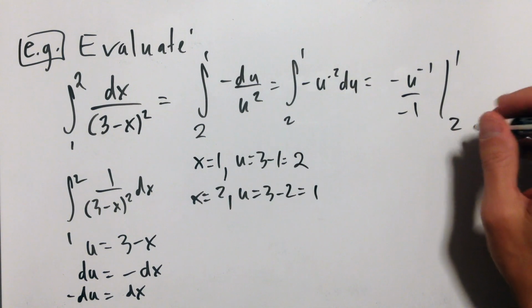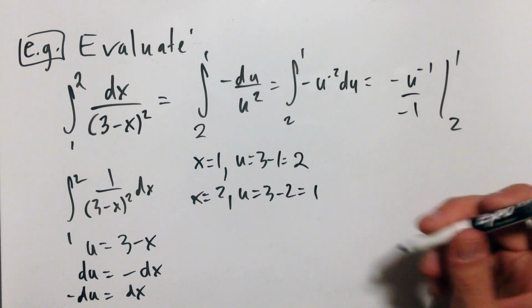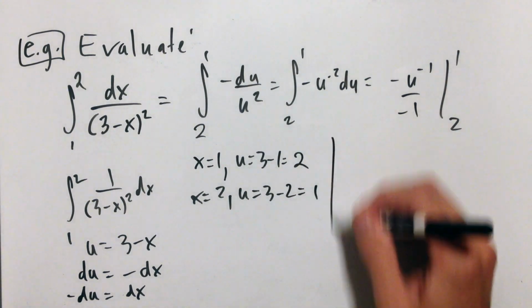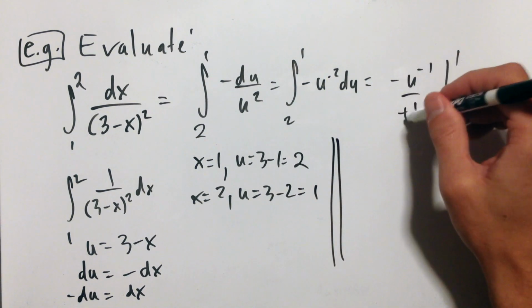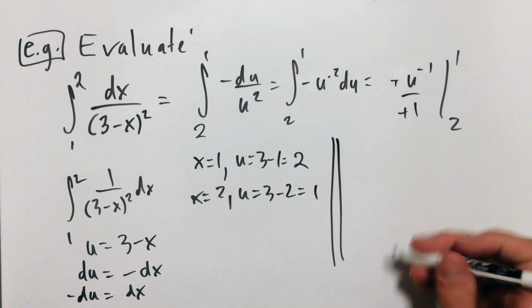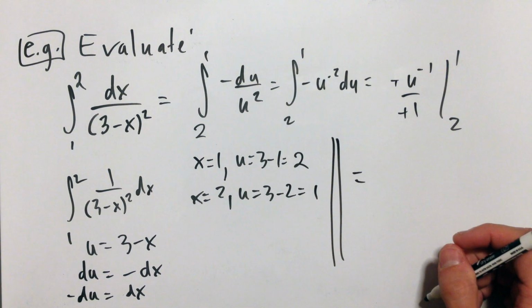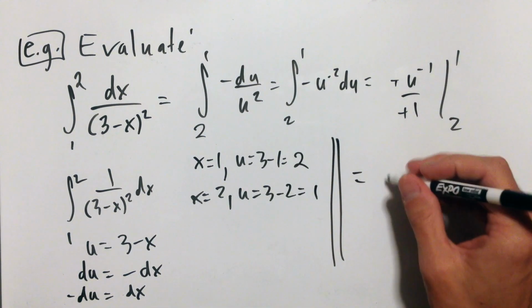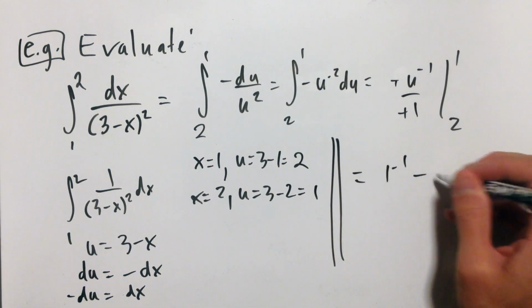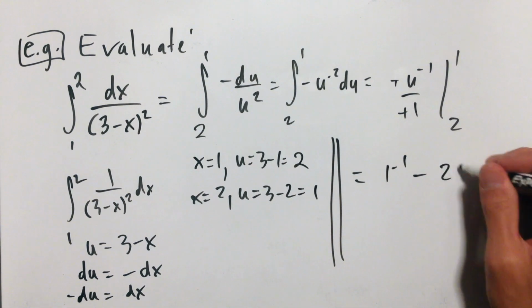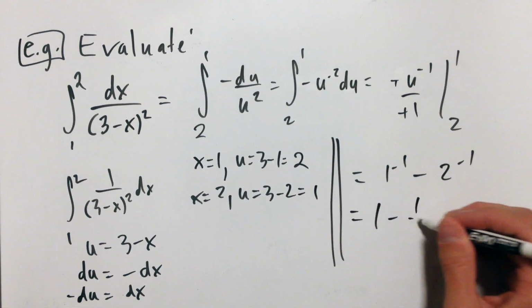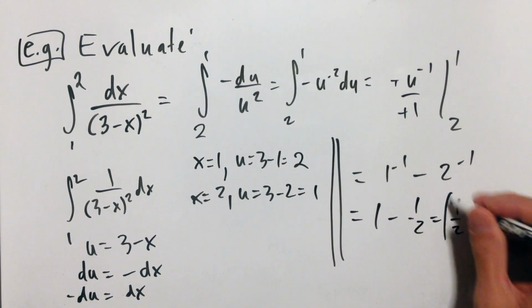It's okay that I've got the bigger number on the bottom, the smaller number on top. It's going to work out just fine, don't worry. Now let's see, minus canceled. I'm just left with u to the minus 1, and I'll plug in my limits. u to the minus 1 evaluated at 1, minus u to the minus 1 evaluated at 2, and that's 1 minus 1/2, so my answer is 1/2.